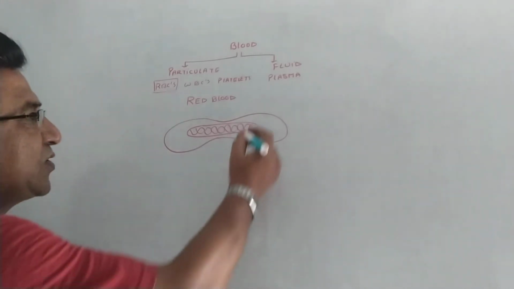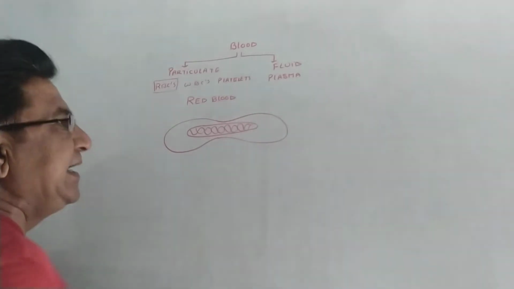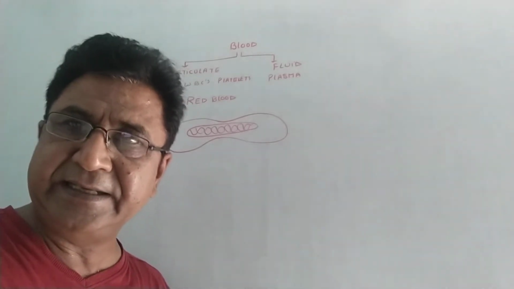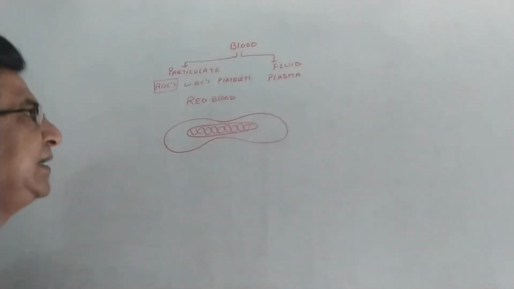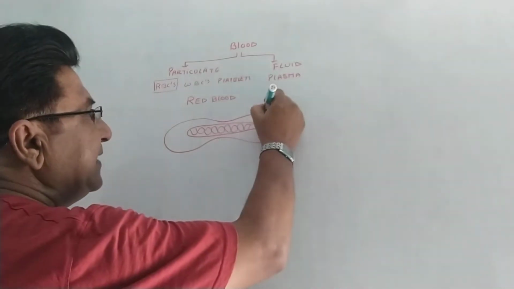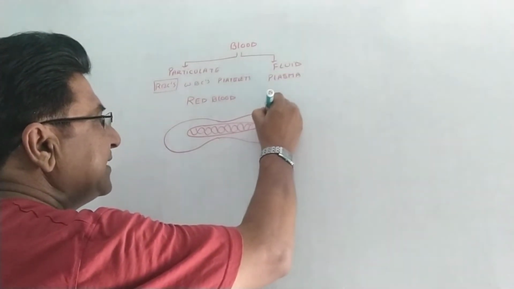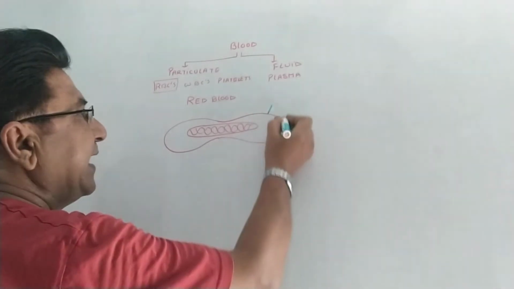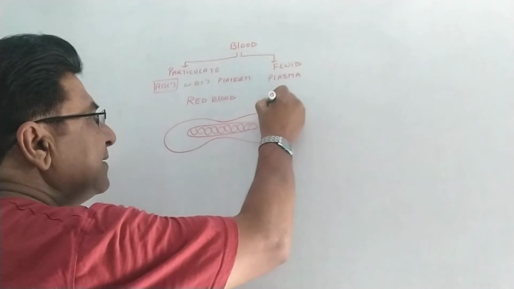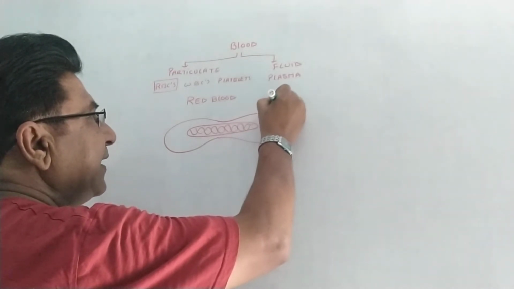On the surface of RBCs, antigens are present. Let's make a diagram to understand what kind of antigens are there. Suppose there is an RBC having an antigen. Its shape is like a triangle.